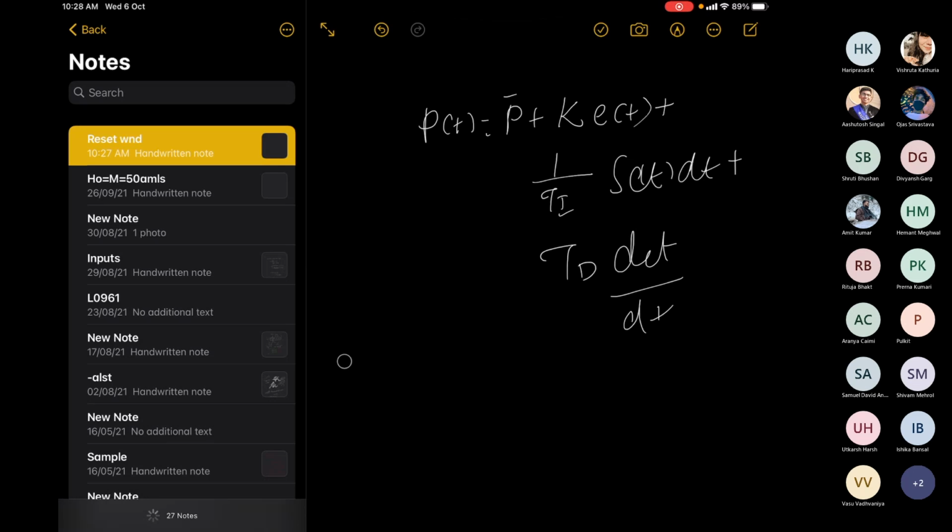So this part of course is proportional, this is integral and this is derivative.